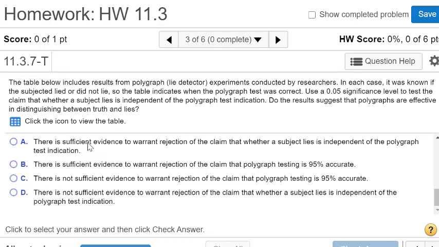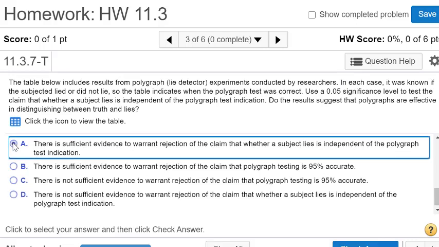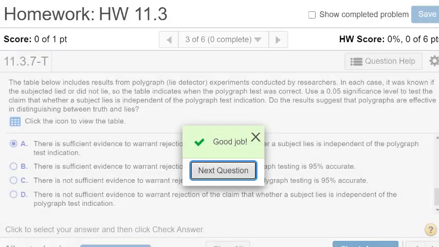So there's sufficient evidence to warrant the rejection of the claim that whether a subject lies is independent of the polygraph test indication, and we were able to reject that. Okay, so it seems like it's not independent of whether they lie, so it seems like maybe this polygraph is not so effective after all. Okay, I hope that helps.